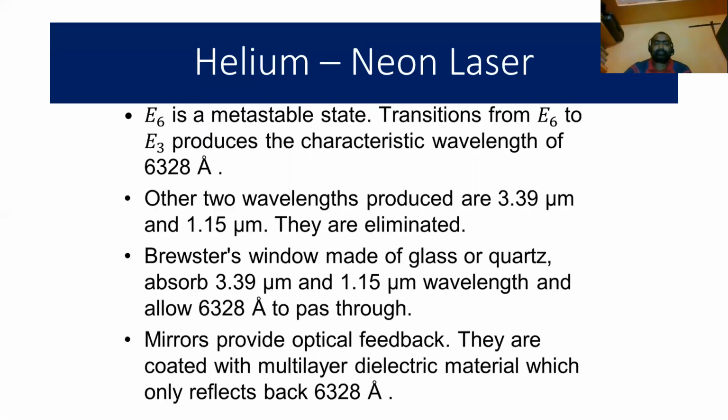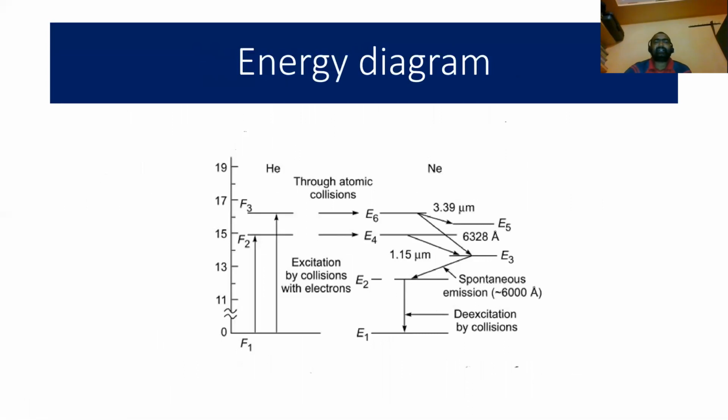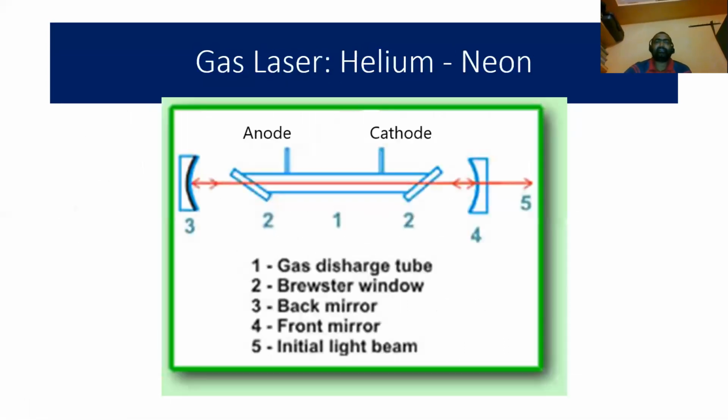Here optical feedback takes place between these two mirrors. This is the first mirror and this is the second mirror. In the laser radiation, initially one photon comes out, one becomes two, two become four, four become eight. These eight come out from the Brewster angle window and hit the partially reflecting mirror, which reflects them back because their intensity is very low.